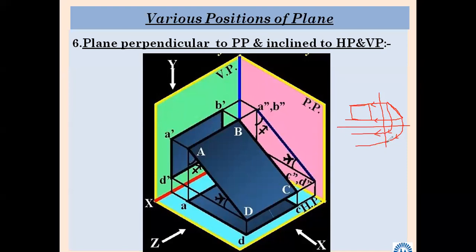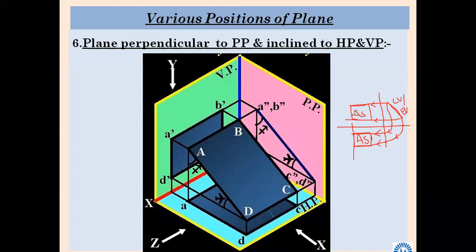We can say here is the projection. So it will show a rectangle or apparent shape in front view and top view. Apparent shape as it is inclined to HP, apparent shape as it is inclined to VP, and as it is perpendicular to PP, here there will be a line view, oblique edge view.